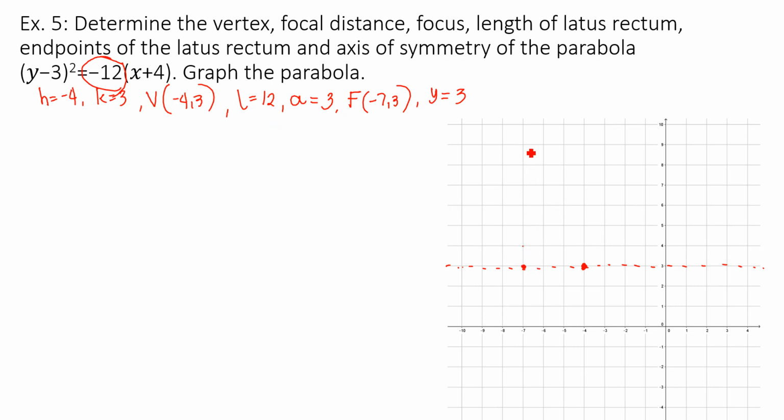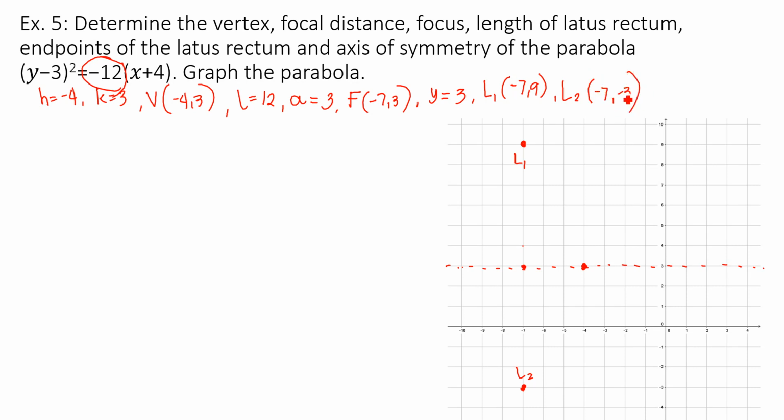And then from the focus, counting 6 units downward: 1, 2, 3, 4, 5, 6 at that point. Therefore, let's say this is our L1 and this is our L2, the endpoints of the latus rectum. L1 has the coordinates of (negative 7, 9). And L2 has the coordinates of (negative 7, negative 3).